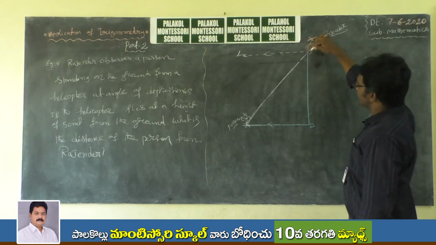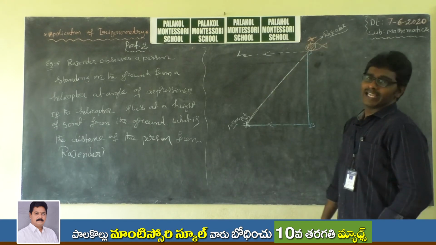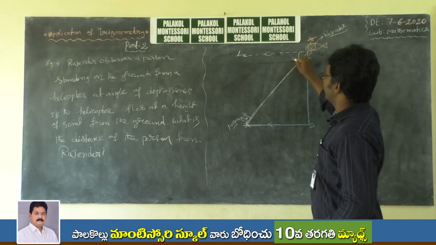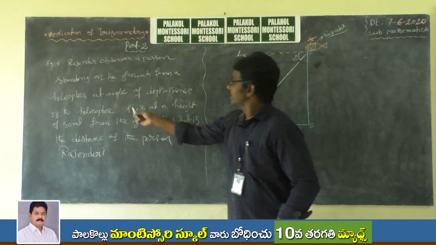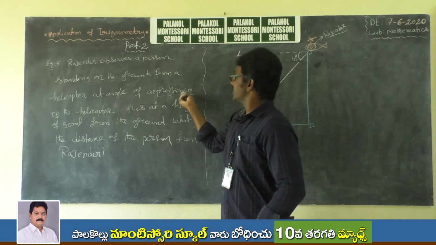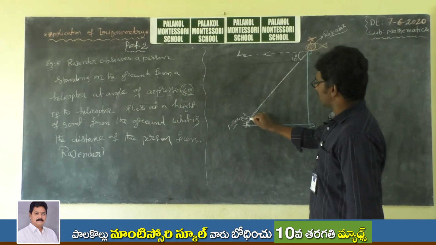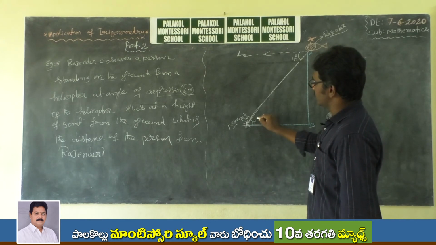In this situation, the angle formed, that is the angle of depression, is equal to 45 degrees from the sun. So the angle of depression is 45 degrees. These two angles are alternate angles, so they are also equal.